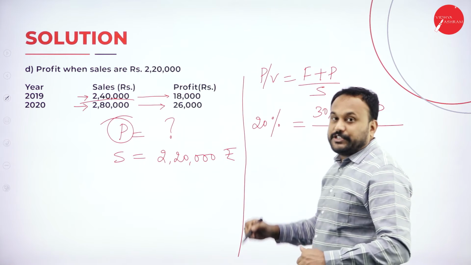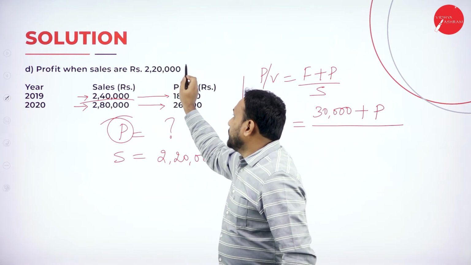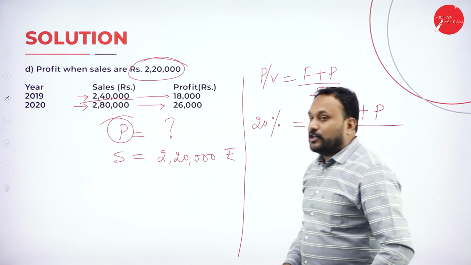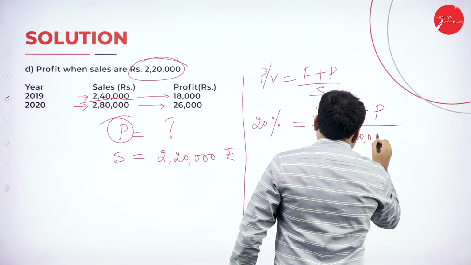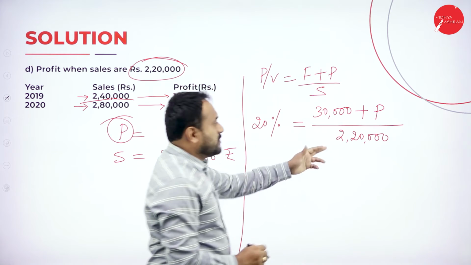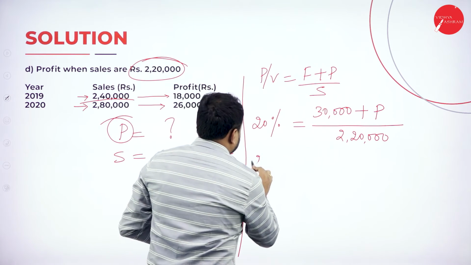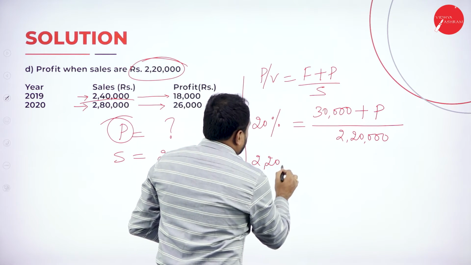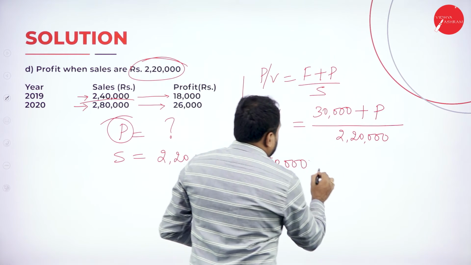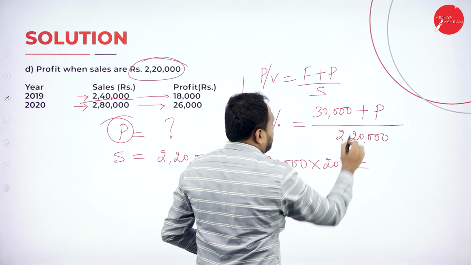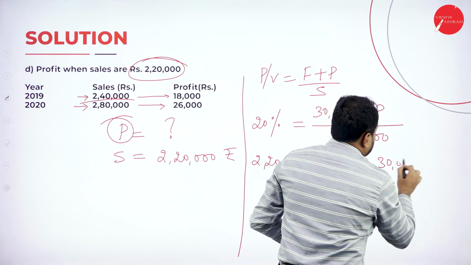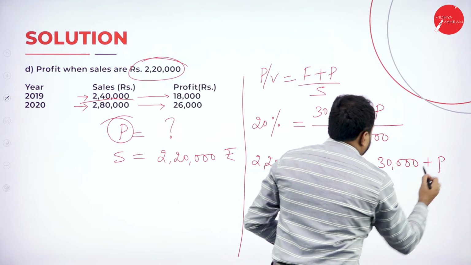Divided by sales. In the question, what is the sales they have given? 2,20,000. So we'll write here 2,20,000. Now again, cross multiply. 2,20,000 into 20% is equal to 30,000 plus profit.